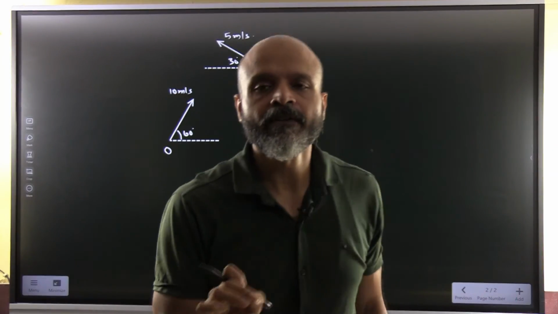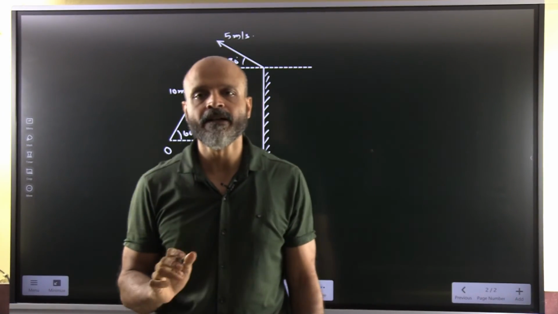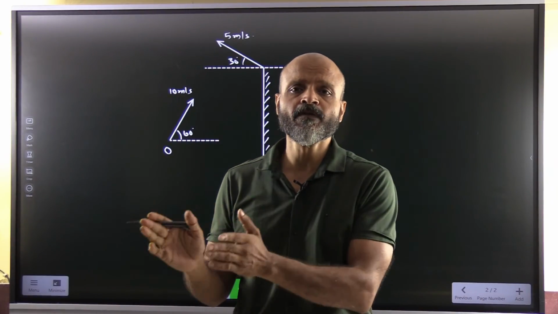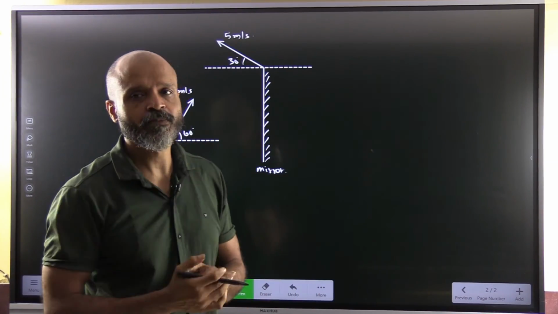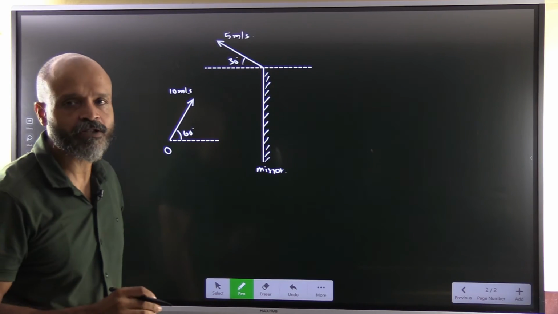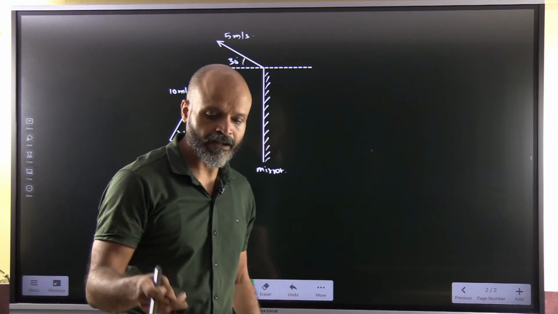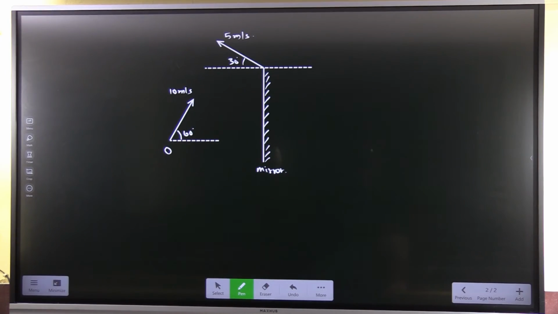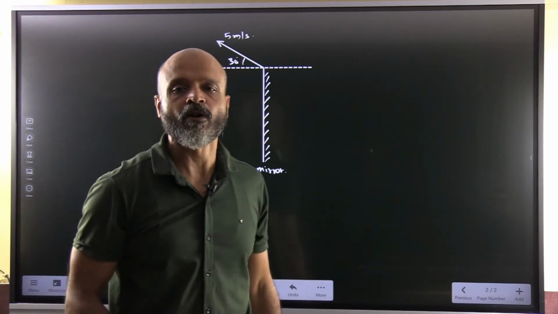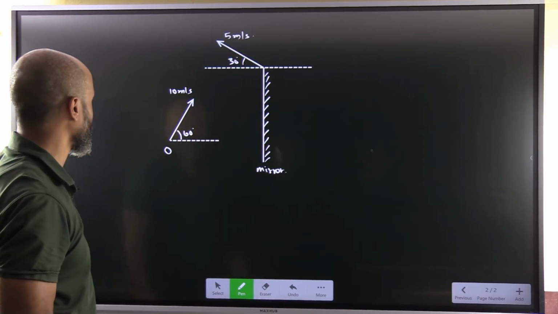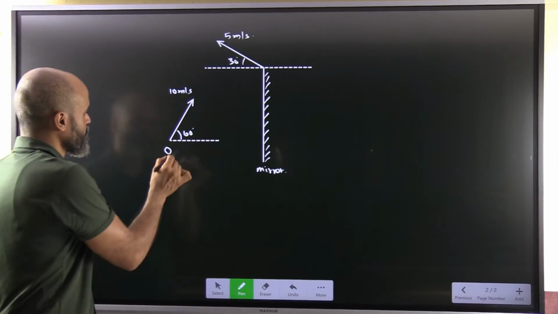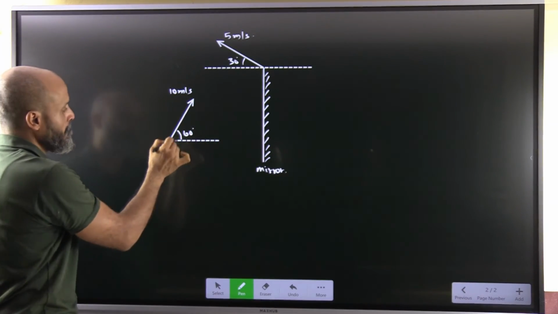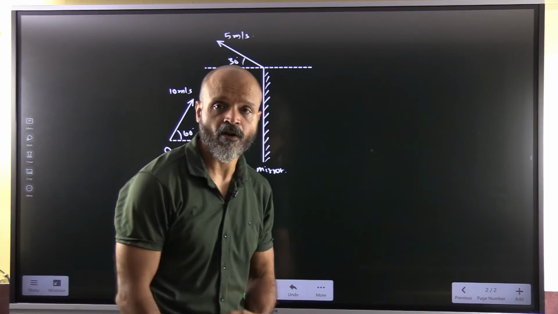Alright, so till now we have taken examples where we have moved either the object or the mirror. Now we are taking an example in which we are moving both the mirror as well as the object. Let's say this is an object which is moving in this direction at a speed of 10 meter per second, making an angle of 60 degree with the horizontal.